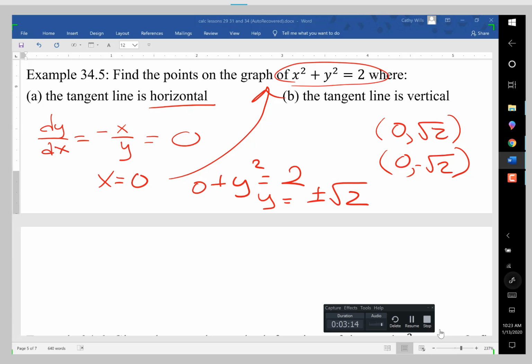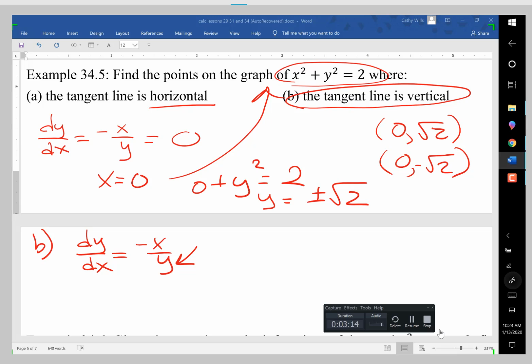All right, and then for part B, again, remember, we already know that the derivative of this function, the slope of any tangent line to this function, is negative x over y. And now they are saying the tangent line is vertical. All right, the tangent line is vertical when you have no slope. So that's going to happen whenever y is 0, because that would make this undefined. All right, so when y is 0, if we plug in y equals 0 into the equation, we get x squared plus 0 equals 2.